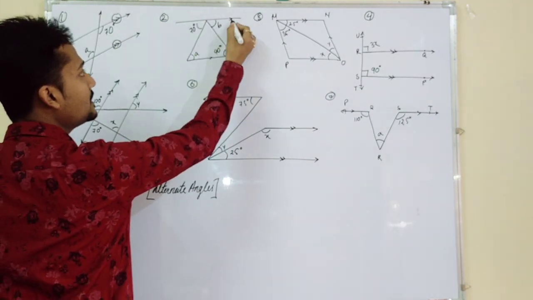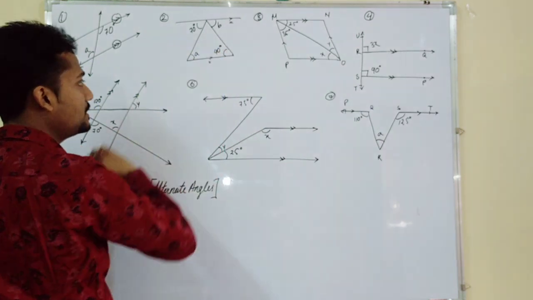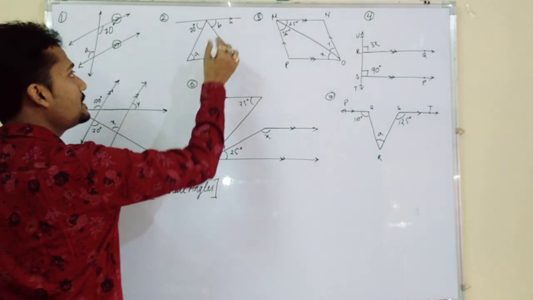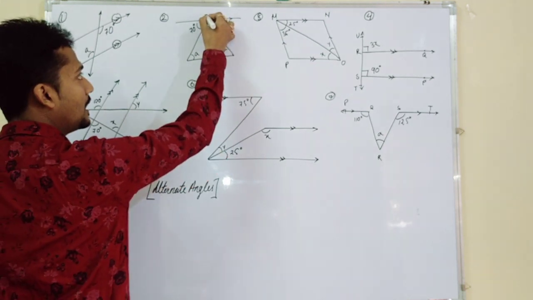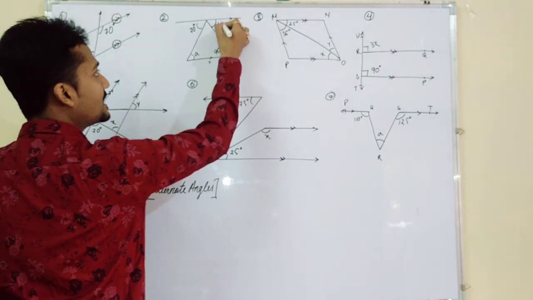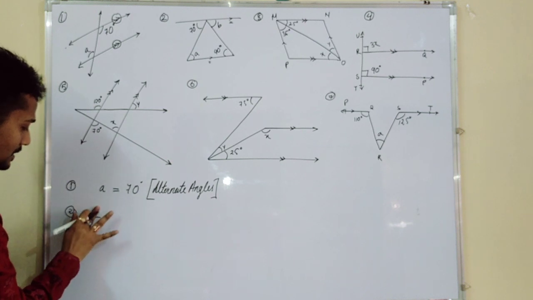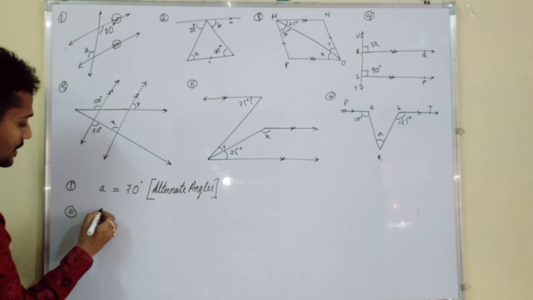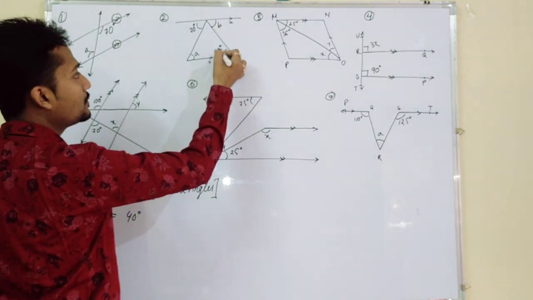If you see, one arrow mark is given here and one arrow mark is given here. That means this is parallel to this. Now see in this part. This is the transversal and this is parallel to this. That means angle B will be equal to how much? B will be equal to 40 degree.